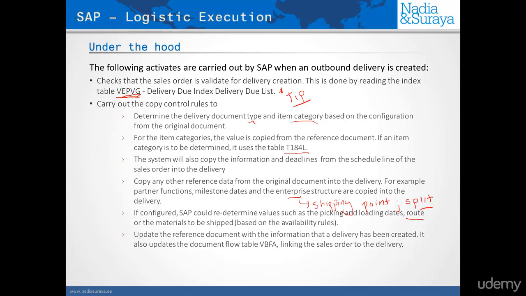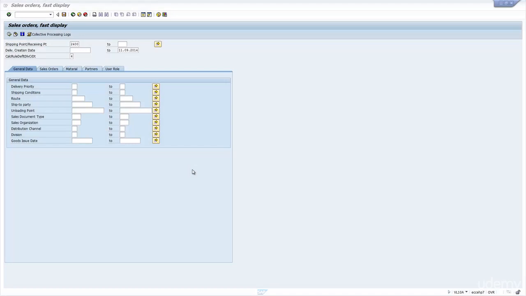For example, it would update the document flow table, VBFA, and it would say this sales order has created this delivery. Now, this is not an exhaustive list of everything that happens. It's just a list of everything that's important for people to know about. Okay, we've seen the PowerPoint presentation. Let's have a look and see how it's done properly in SAP.